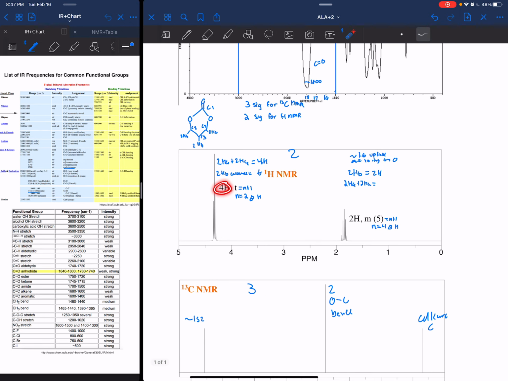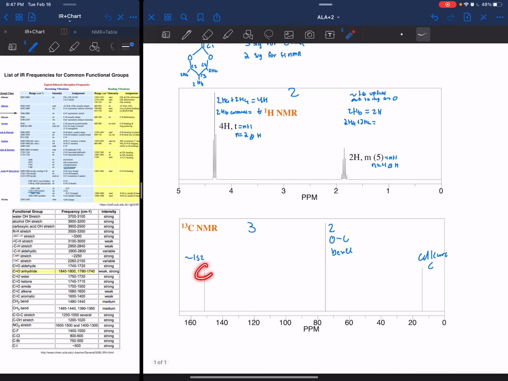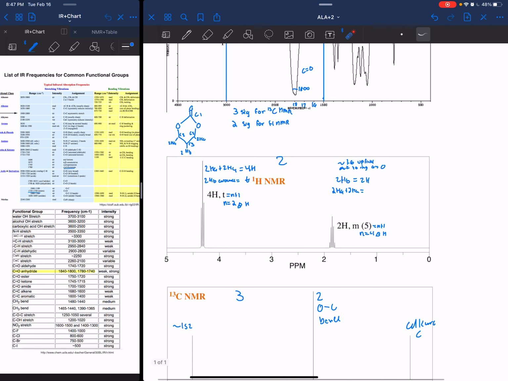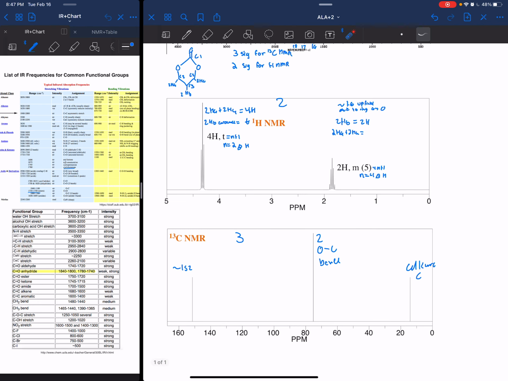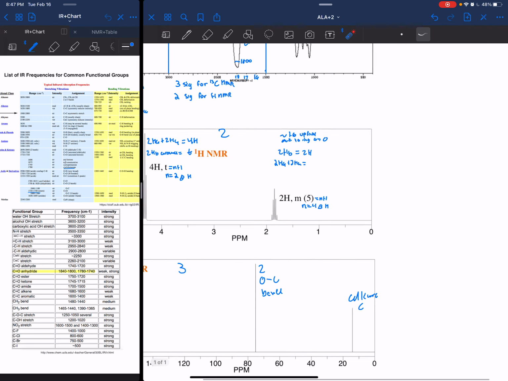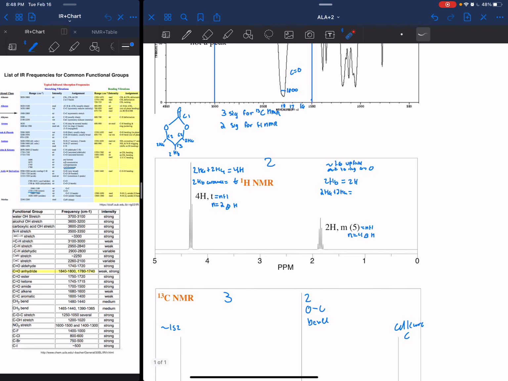There's only 2 of them. And we also see that there's only 3 signals for carbons when the whole molecule has 4. So there also has to be another plane of symmetry reflecting the carbons. After knowing this, I doodled around trying to find a structure that would fulfill these requirements.